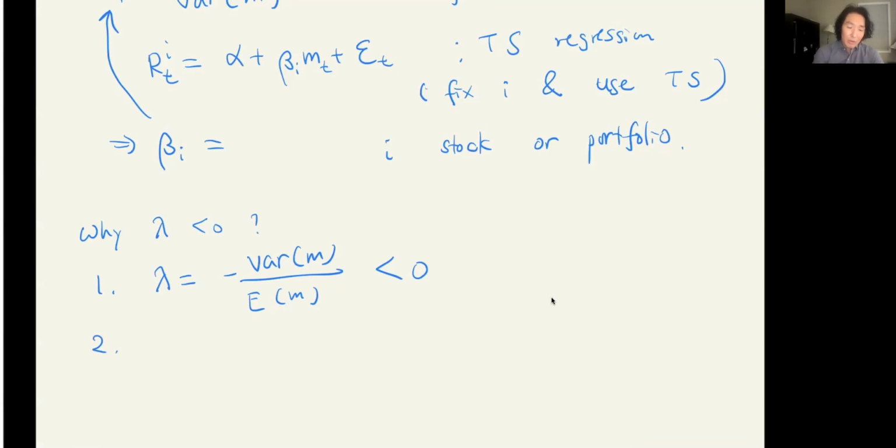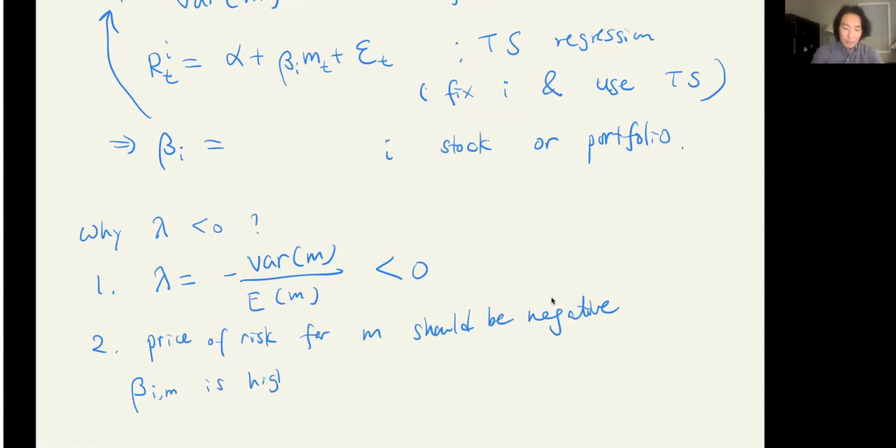The second reason is that the price of risk for m should be negative. So what's the meaning of that? If some asset has high beta with respect to m, okay, that means that asset i is going to pay when m is high, right?